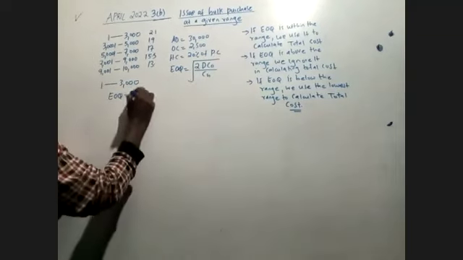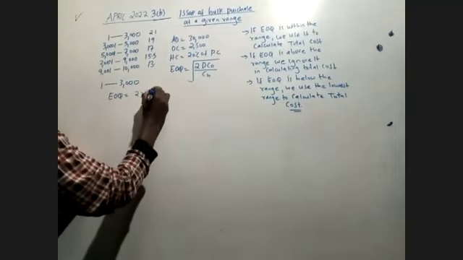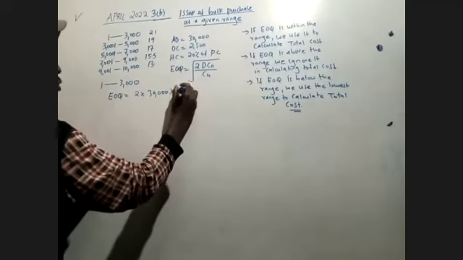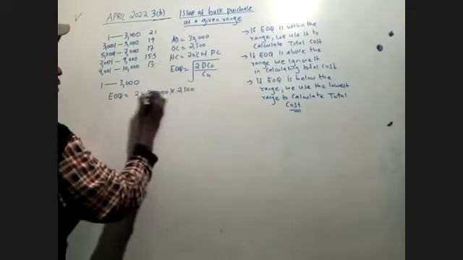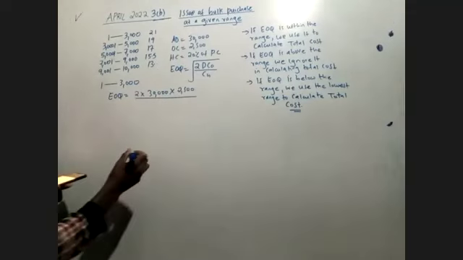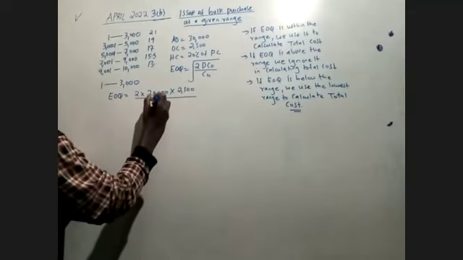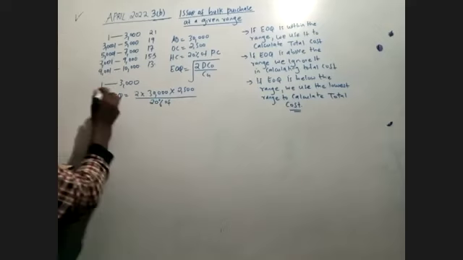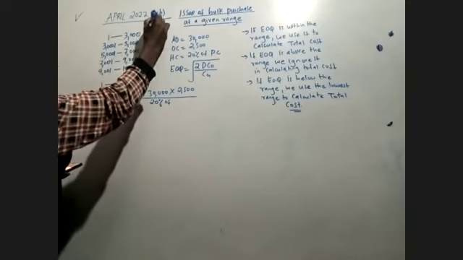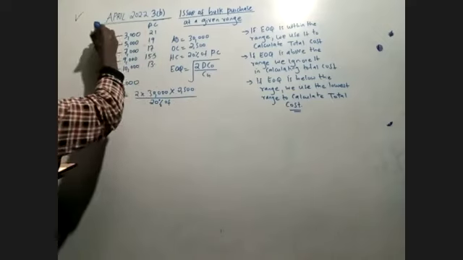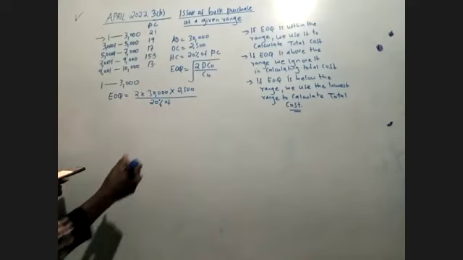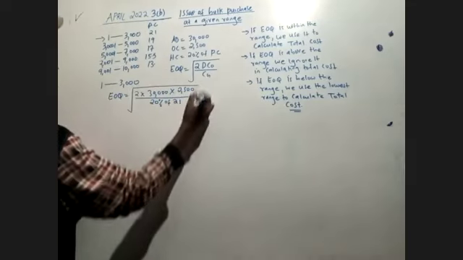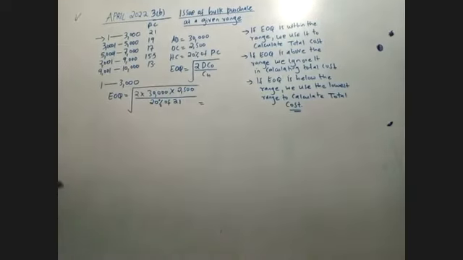So it is 2 times annual demand 30,000 times our ordering cost 2,500 over 20% of our purchase price. Our purchase price here is 21, for range 1, between 1,000 to 3,000, at 21. To find the EOQ.